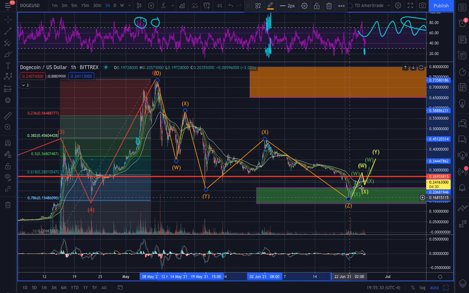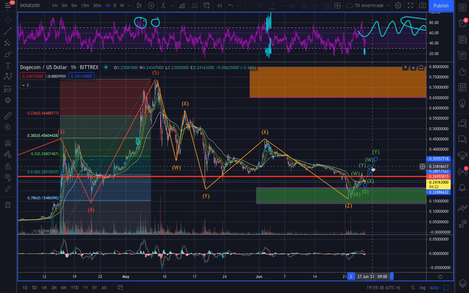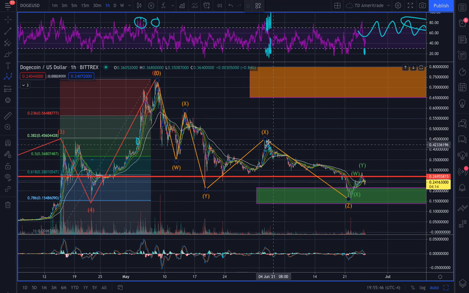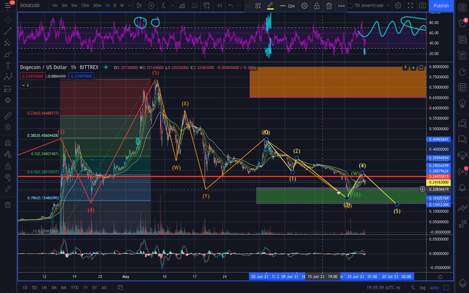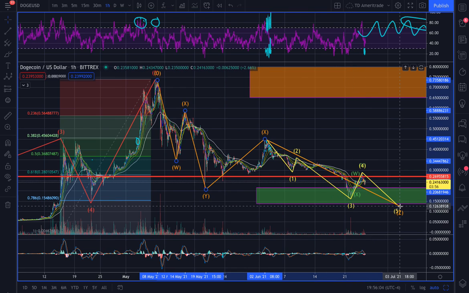So this could be happening. There's also one more thing, possibly. If I get rid of this, this could be some sort of weird 1, 2, 3, 4, 5 coming down, possibly, where that last leg, that last Z, could be a 5 wave.